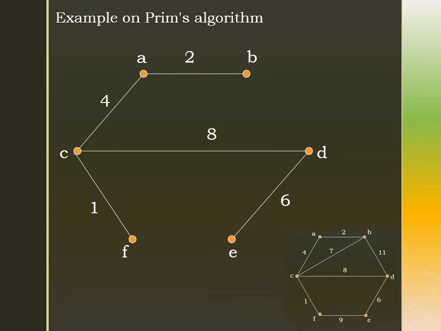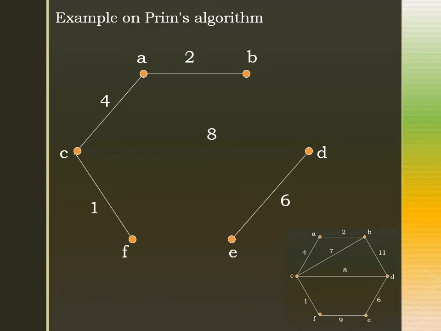So now we have all the nodes of the given graph included in the minimal spanning tree, and hence we can stop the algorithm. Also, we can observe that for the 6 vertices, we have CF, CA, AB, CD and DE as the 5 edges in the minimal spanning tree.